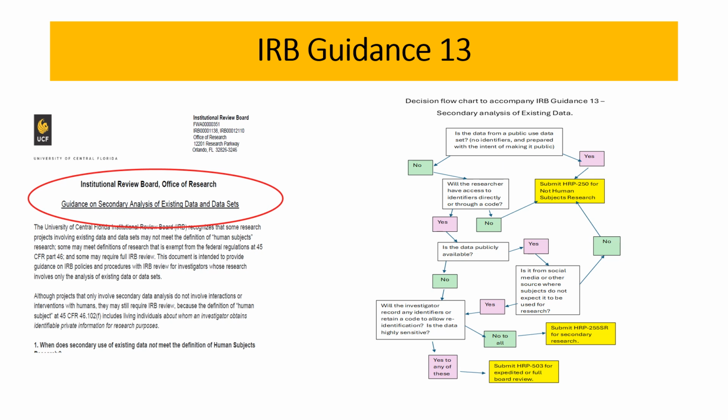There is a great tool for you in the Huron IRB library called IRB Guidance 13, Guidance on Secondary Analysis. You can find it under the General tab in the Huron IRB library. In this slide, I also show a flowchart that is designed to help you understand the content in the IRB Guidance 13 document.